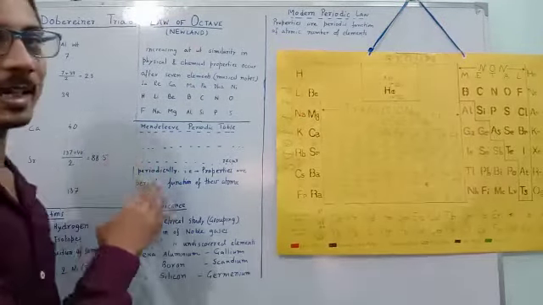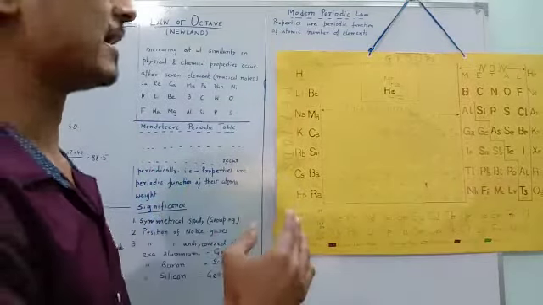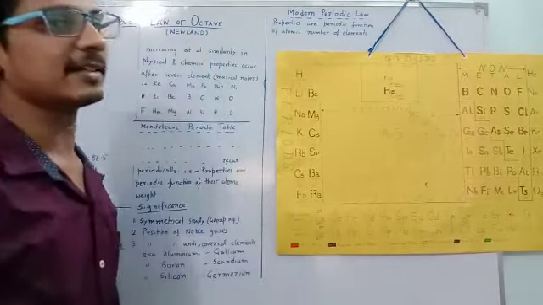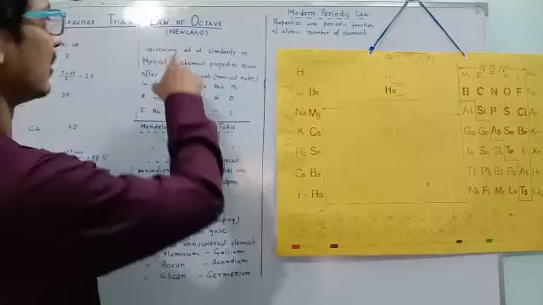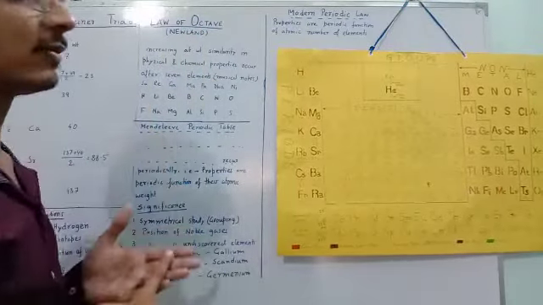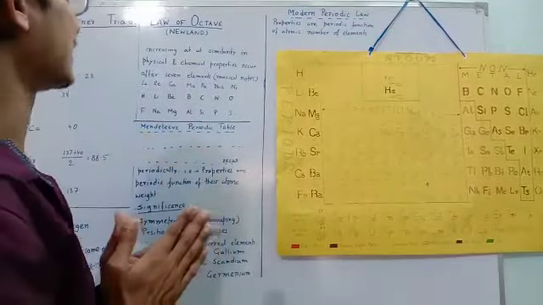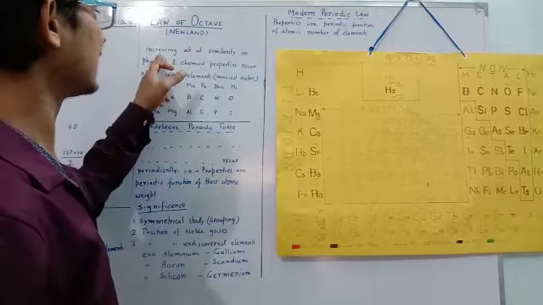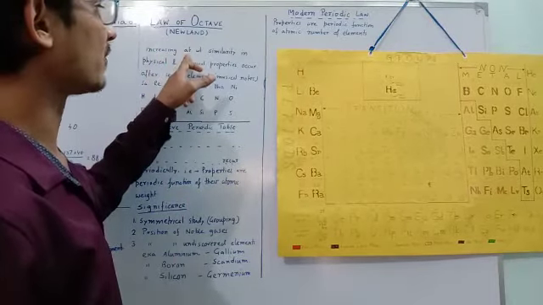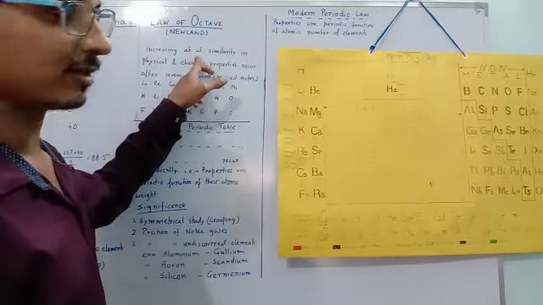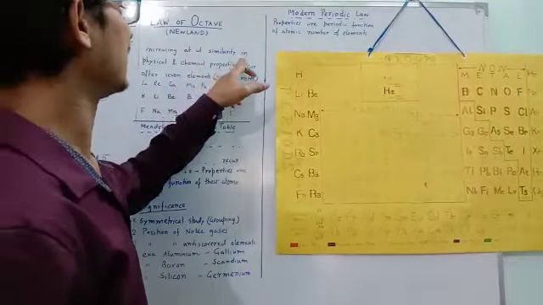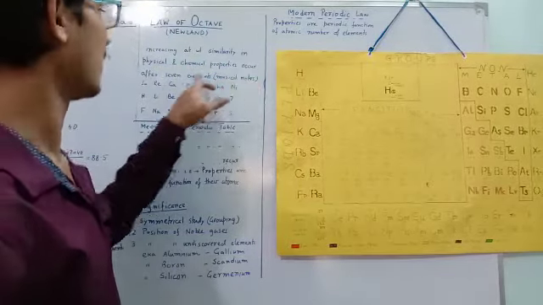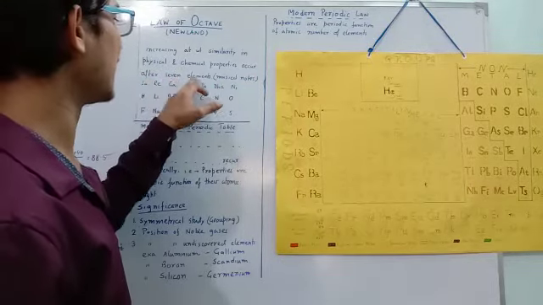The next attempt to group the elements is the law of octaves given by the scientist Newlands. Newlands said that if the elements are arranged in increasing order of their atomic weight, the similarity in physical and chemical properties occurs after 7 elements.